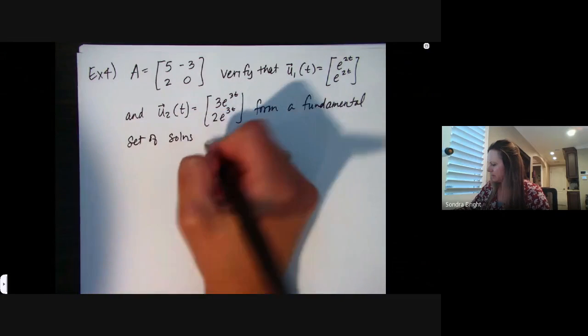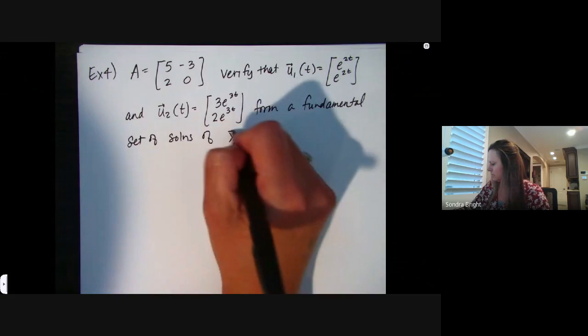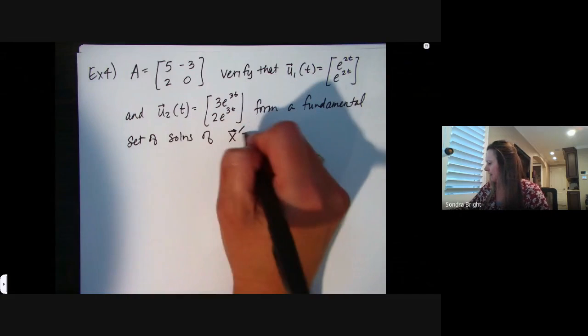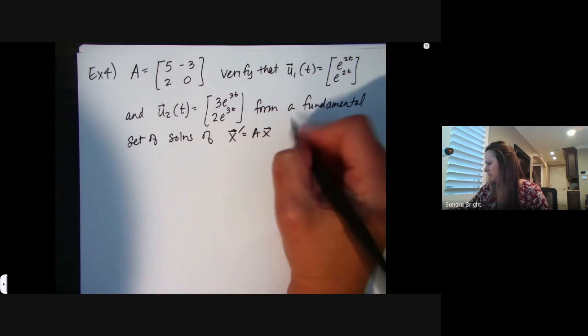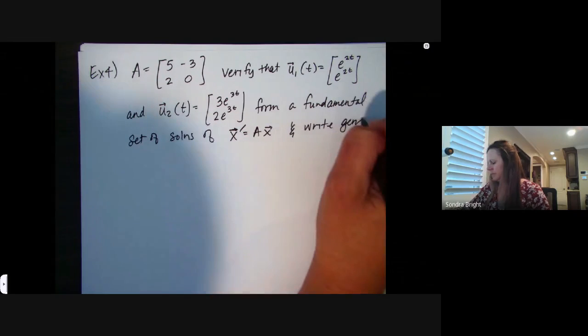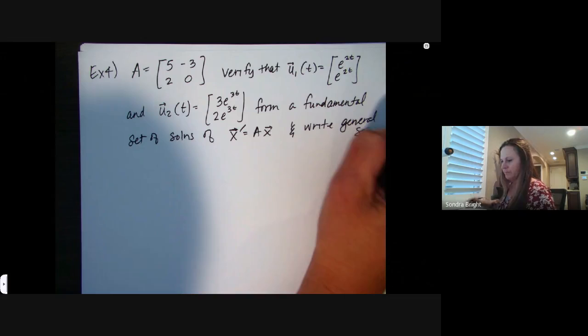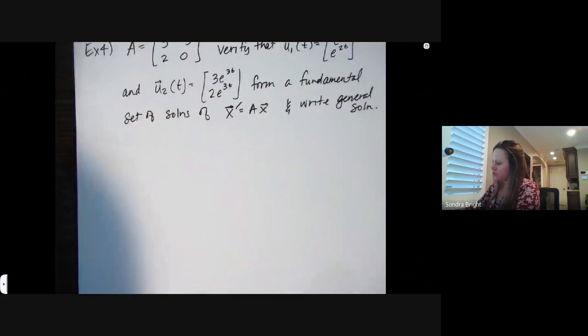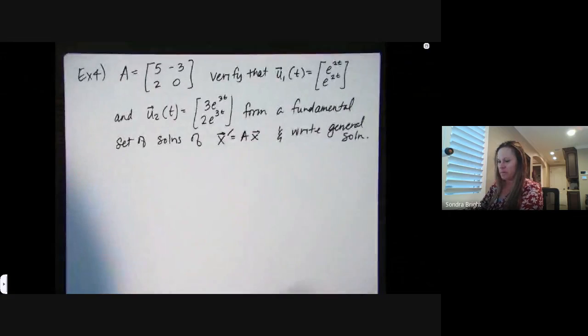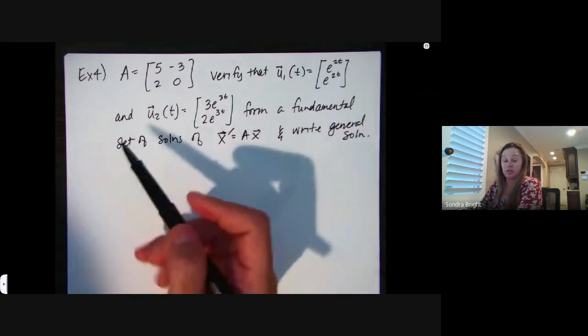Of x prime equals A times x, and we're also going to write the general solution. Let's first verify that U1 and U2 actually are solutions.